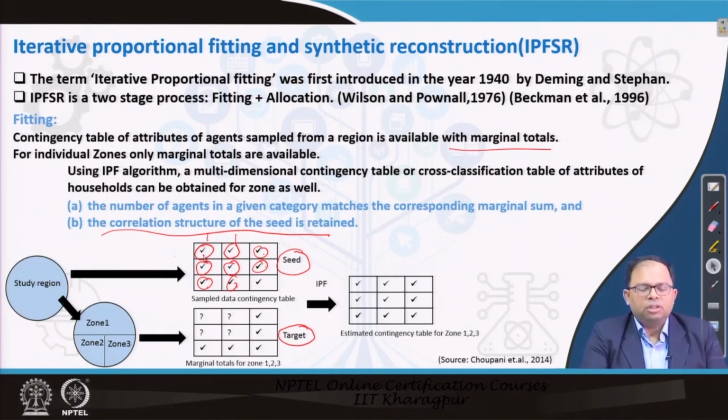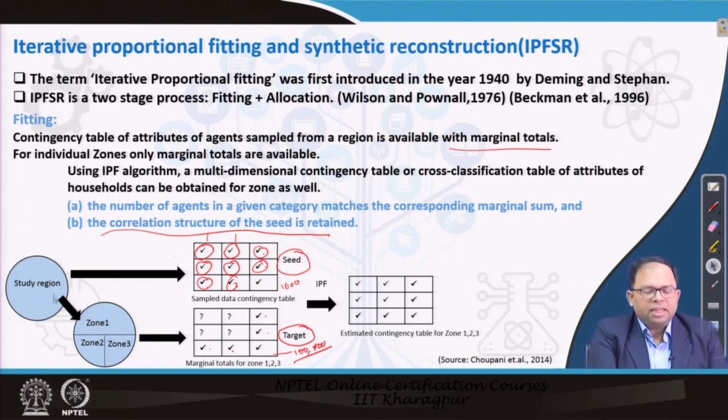So this is the seed data, and we need to apply it in a target area where we just have the control totals but don't have the grouping. For example, the sample may cover around 10,000 people or 1,000 people, whereas this zone may have 1 lakh people. So we need to clone this population for the entire zone. That is what we are doing here, and the IPF algorithm helps us do that.